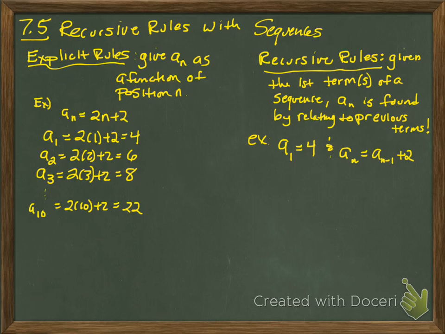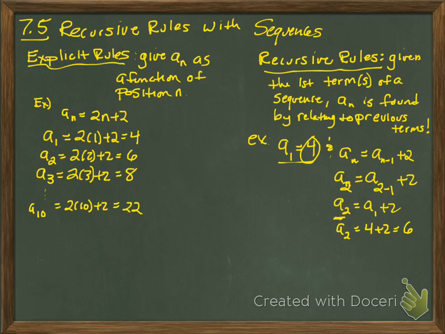If I wanted to know my second term, that means I'd have to know the term previous to it: a sub 2 minus 1 plus 2. So my second term would be a sub 1, since 2 minus 1 is 1, plus 2. To know the second term requires me to know what a sub 1 is. Well, good thing they gave it to me right here. I know it's 4. So my second term is simply 4 plus 2, or 6.